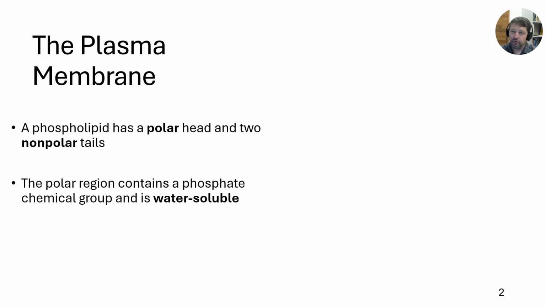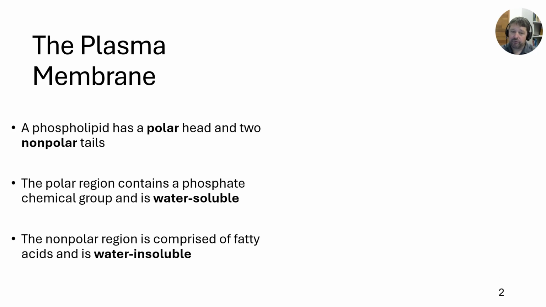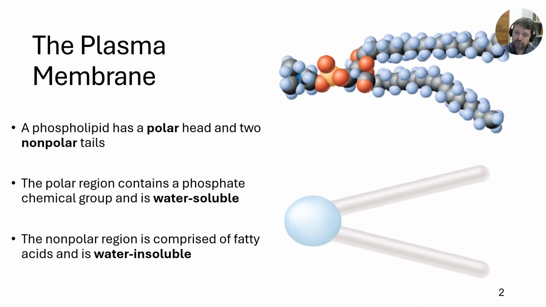The polar heads are water soluble, so they're hydrophilic, and the non-polar tails are water insoluble, or hydrophobic. Here you can see this phosphate head, which is normally attached to the fatty acid tails by glycerol.